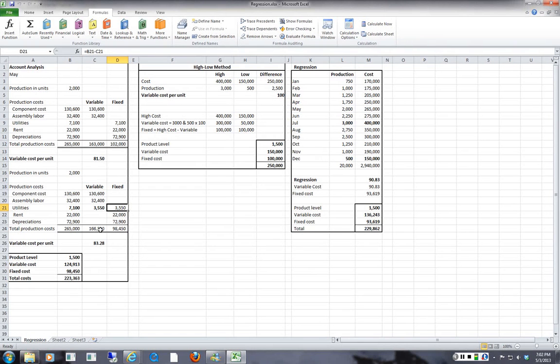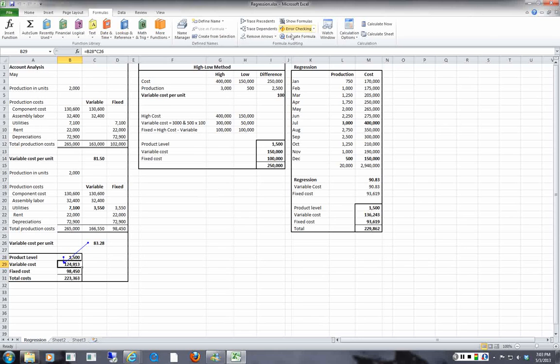So now the total variable cost is $166,550, and $98,450 is fixed. Now we divide that variable cost of $166,550 by the 2,000, and we get a little higher, $83.28 of variable cost. Now we've got a production level coming up of 1,500 units, so we take that variable cost of $83.28 and multiply it by 1,500 units.